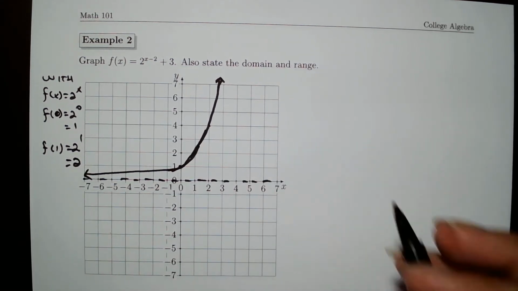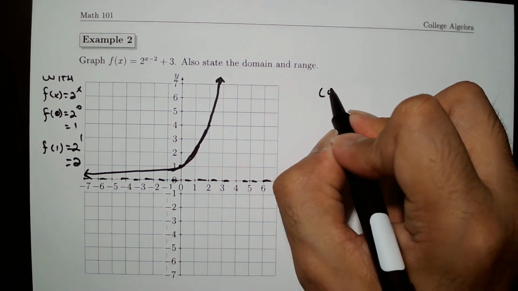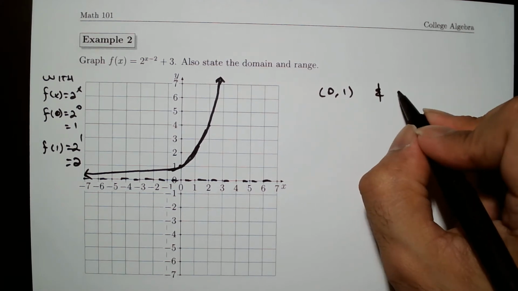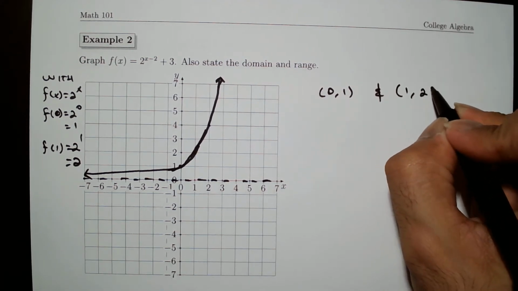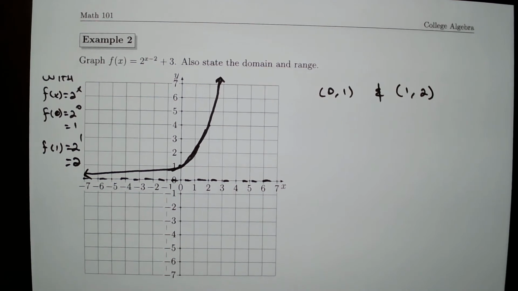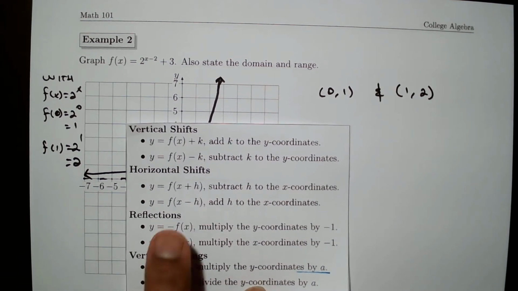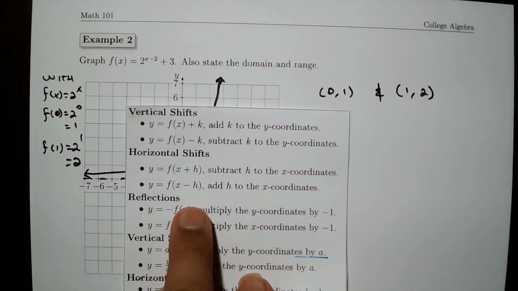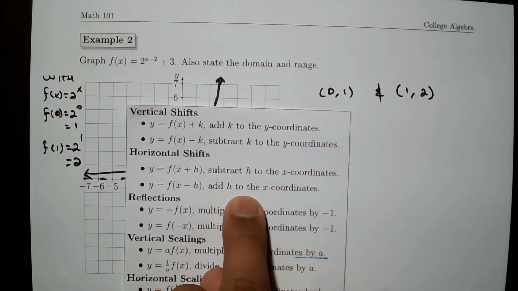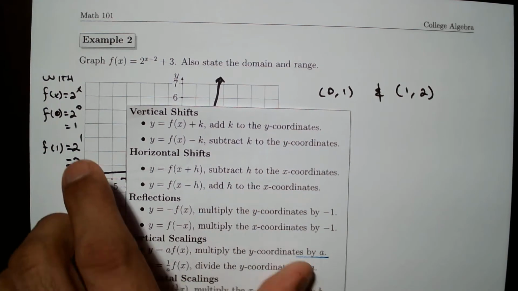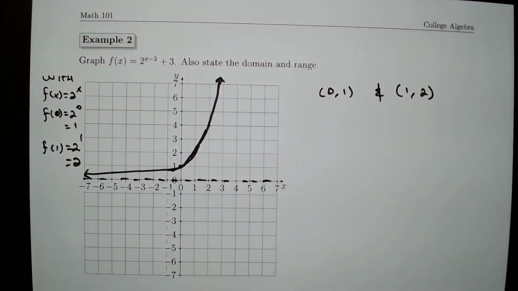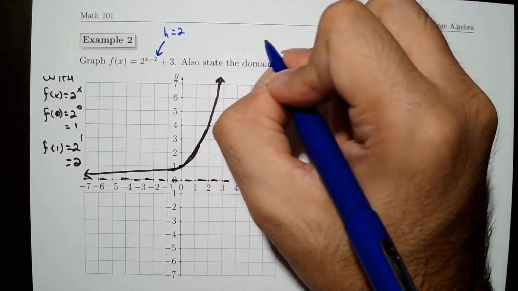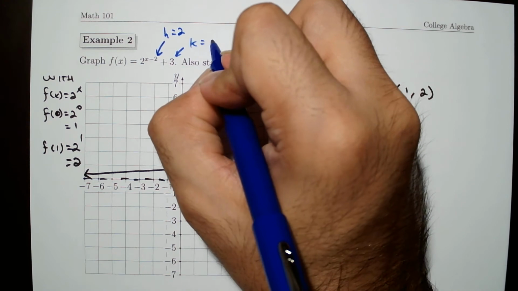Now, that means we're going to have the points 0, 1, and 1, comma 2. So I'm going to do the horizontal shifting first. Recall that when we have a number with a negative sign, we do the opposite, which is add h to the x coordinate. So in this case, h equals 2 and k equals 3.